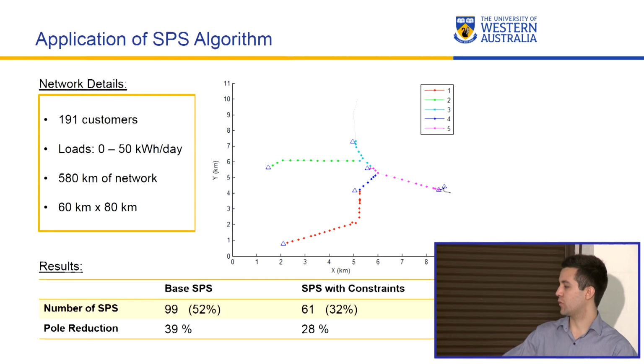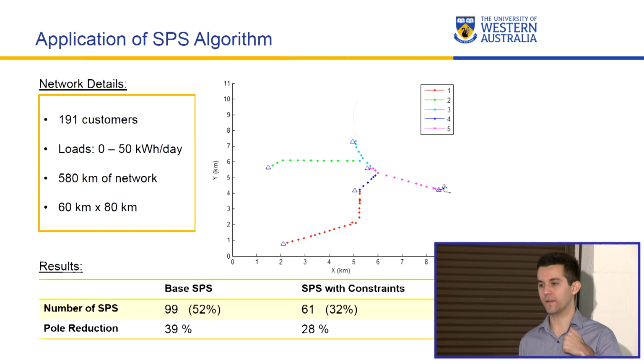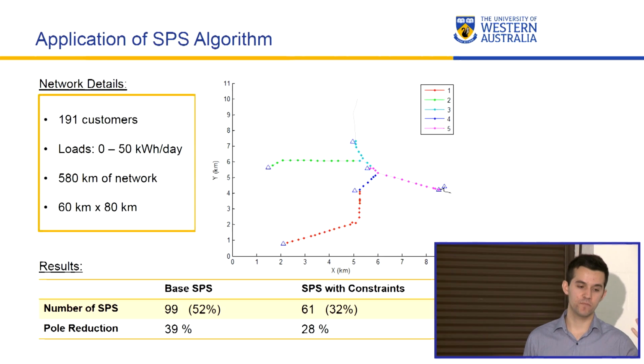Now, to make the results a bit more practical, we added a few more constraints. So we indicated that the standalone power system solutions have to at least be 20% better than the cost of rebuilding the network. And the age of the assets themselves have to, on average, be greater than 40 years. So we are, again, targeting the older assets, which will be replaced in the next few years anyway.